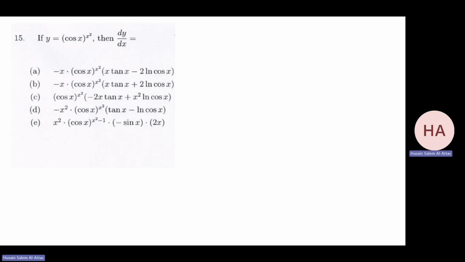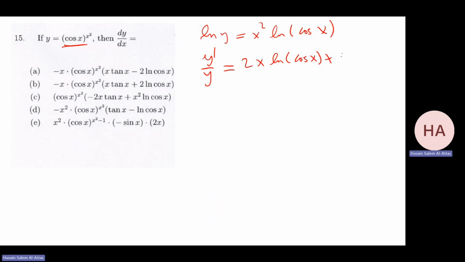y equals cosine x to the power x squared. Take ln. That will be x squared ln cosine x. What will be y prime over y? Differentiate with respect to x: 2x ln cosine x plus x squared times (minus sine x over cosine x). That implies y prime will be y times this, which is what? I can take 2x... x as common factor.